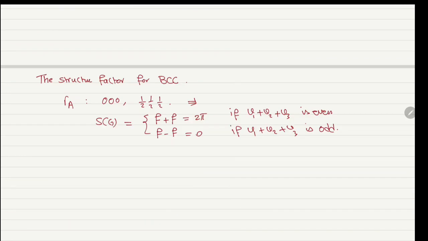This means that there's no diffraction when V1 plus V2 plus V3 is odd. For instance, 1, 1, 1, this one here, there is no diffraction from that plane.